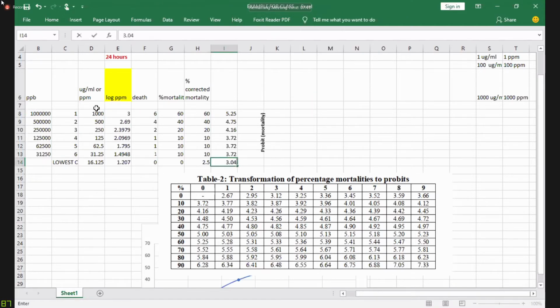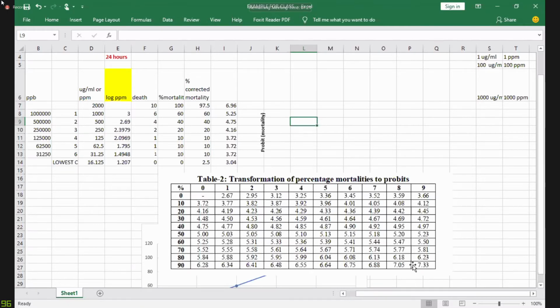Whilst at the higher concentration, for example, at 2,000 parts per million, if the death is 10/10, that is 100% of mortality. There's no 100% of mortality, so you have to convert it to 97.5 based on the number of the animals, and the probit is 6.96, which is obtained by 98% plus 99%.